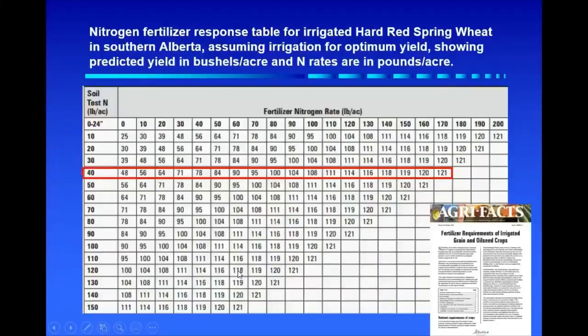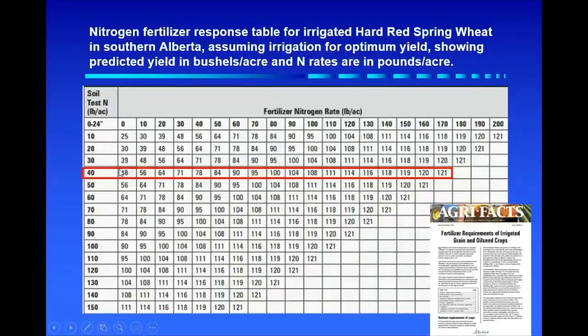I'm just going to use an example from some curves that we developed. This is a fact sheet we put together after we developed fertilizer response curves for a number of different cereal and oilseed crops contained in this publication. It's on the Alberta Agriculture website. This is the response chart for hybrid spring wheat. So let's say our soil test value is 40 pounds of nitrogen in a 0 to 24 inch combined depth.